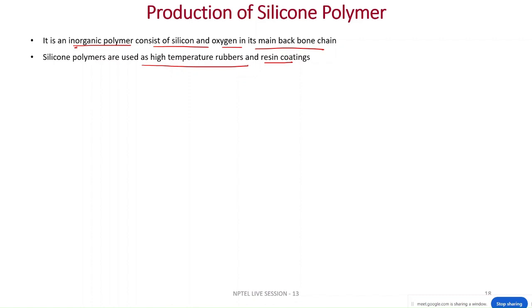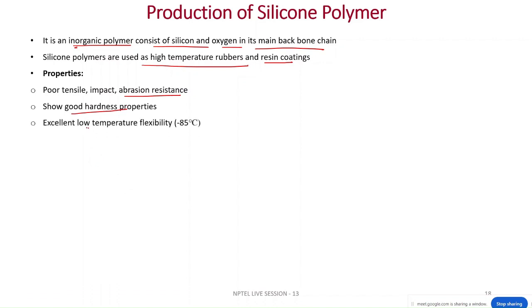They can be used at very high temperature, with resistance to it. Some of the properties include poor tensile and impact abrasion resistance, very good hardness, and excellent low temperature flexibility down to minus 85 degrees Celsius.